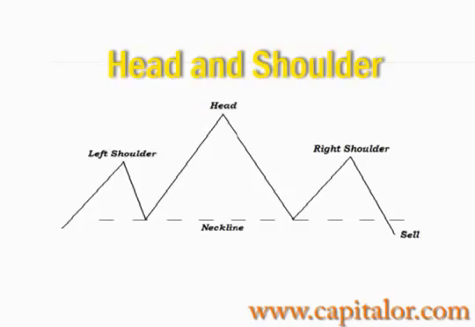The highest high in the middle is called the head, and the lower highs at the sides are called the left shoulder and the right shoulder, and you should sell when the price action on the right shoulder reaches below the dotted neckline. Since this is one of the harder patterns to understand and to explain, I am going to show you a simulation of it so you understand it fully.